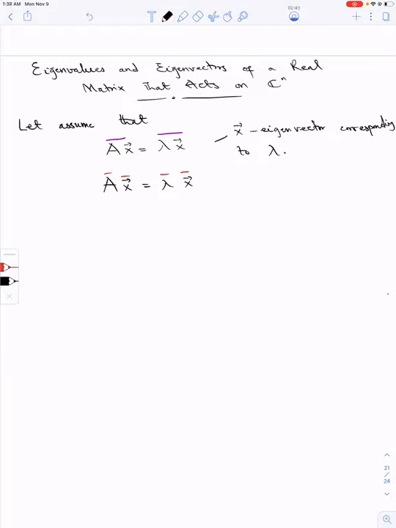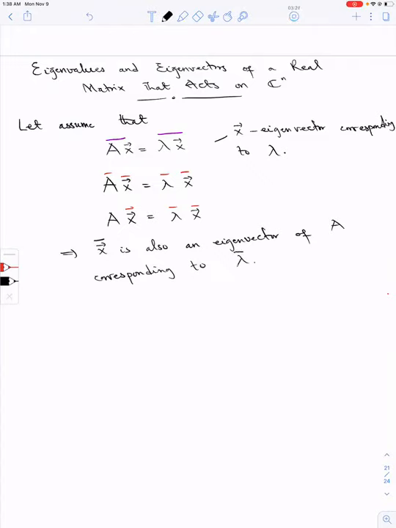Now, because all the entries of A are real, the complex conjugate of A is just going to be A. So here, what this implies is that x bar is also an eigenvector of A corresponding to the conjugate of lambda.